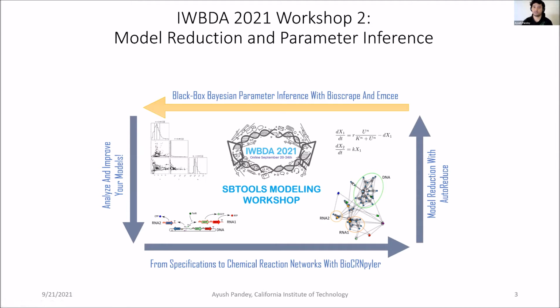So that's the most interesting part here, which is how you can identify the parameter values or the parameter distributions given the experimental data. So in this lecture, I will basically just go through some of the theoretical details behind these concepts of model reduction and Bayesian parameter inference.